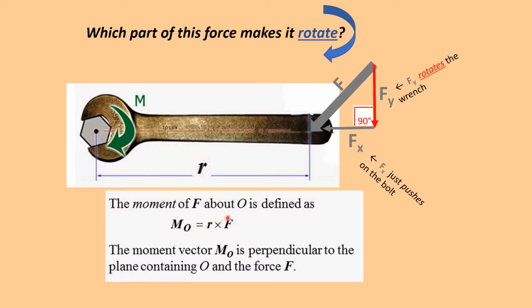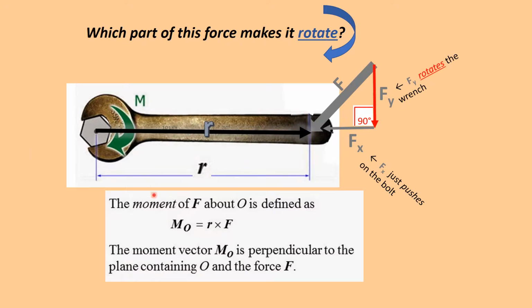Cross products. We find the component of the force that's perpendicular to this lever arm by using a cross product. So two different things. We have our force in here, our force with an x and y component, and we also have a position vector. Here is our position vector.